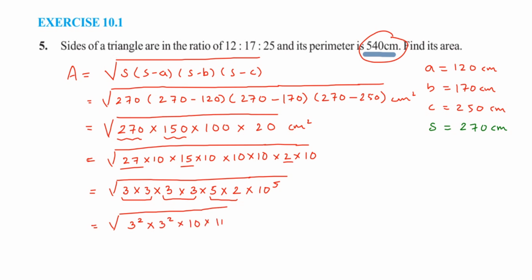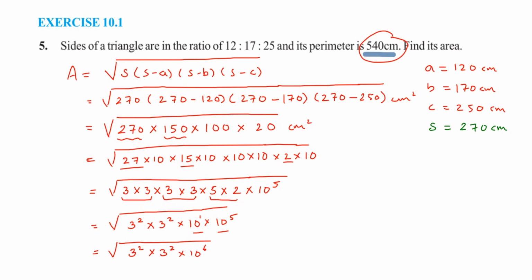Because we already have 10 to the power 5. So 10 and 10 to the power 5, when you multiply, the power is 1 here, the bases are the same, so the powers will get added up. So this is 3 squared times 3 squared times 10 to the power 1 plus 5, which is 6.